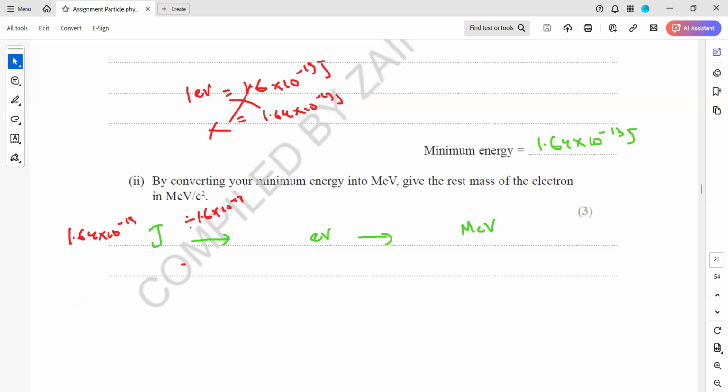So when we divide this value, 1.64 exponent minus 13, not 19, 13. This was 13, that's why. So divide by 1.6 exponent minus 19. What's the answer here?